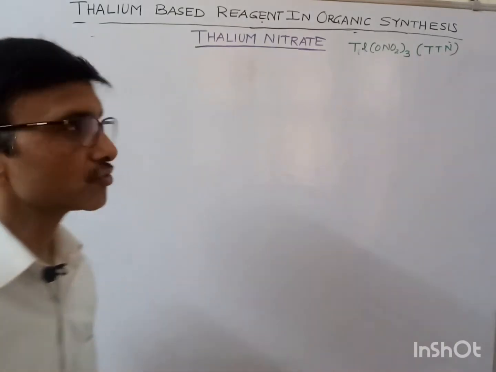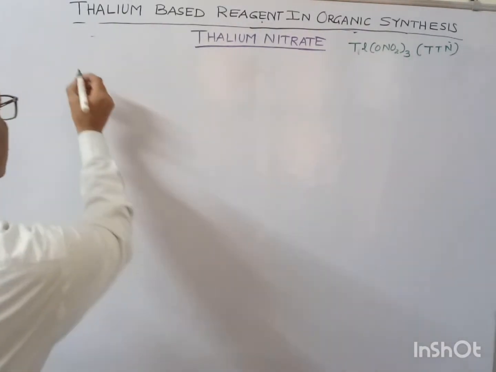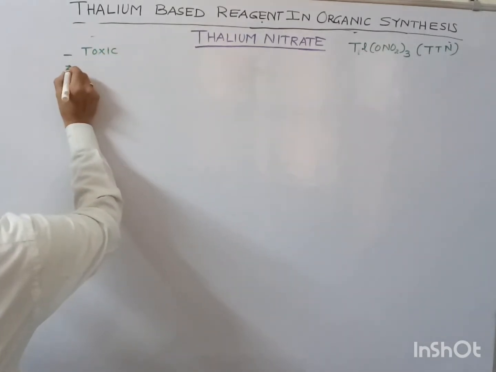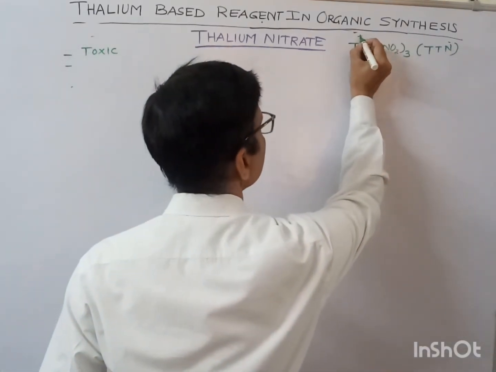Some of the properties of this thallium trinitrate: one property is that it is very toxic in nature. Second, this thallium trinitrate exists in the +3 oxidation state.